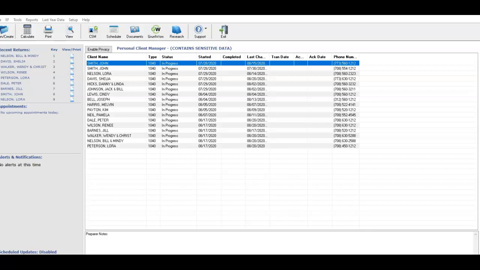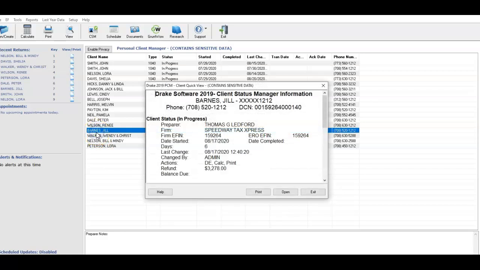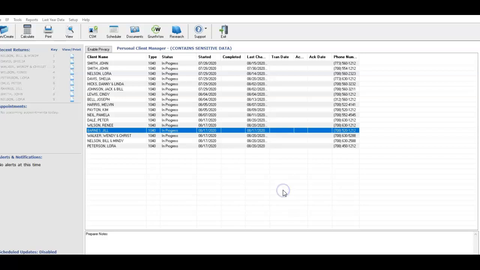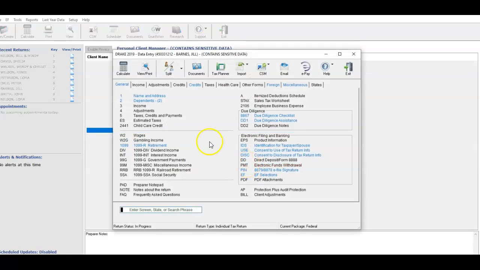And hopefully you'll be able to see a pattern of what you're doing when it comes to preparing these returns using the software. Because the next one right here will be Jill Barnes. Open that up. Go to page 1.